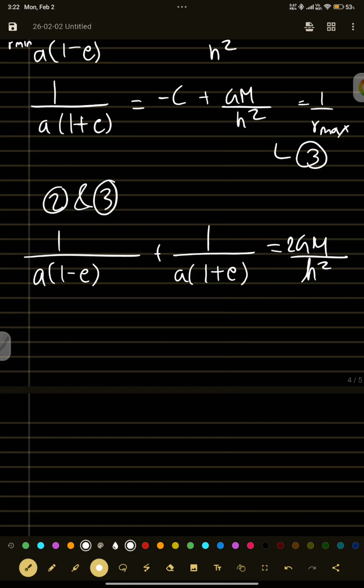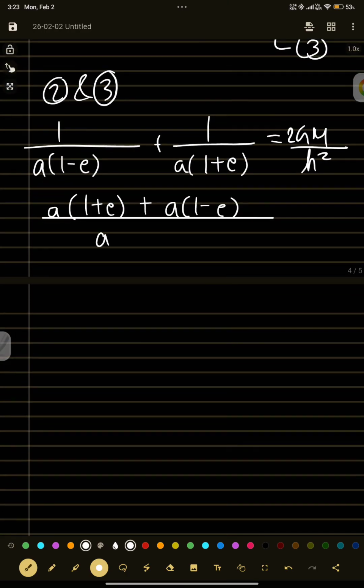So what you end up with is a(1 plus e) plus a(1 minus e), a square 1 minus e.